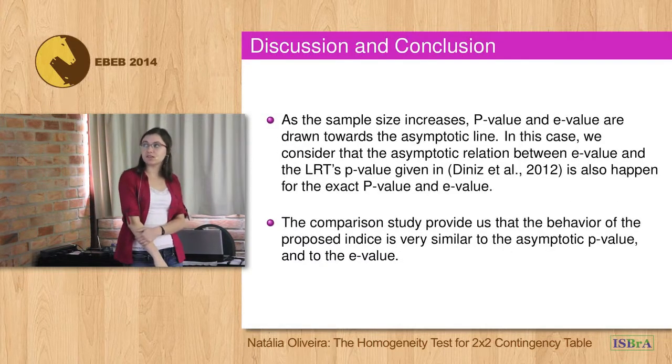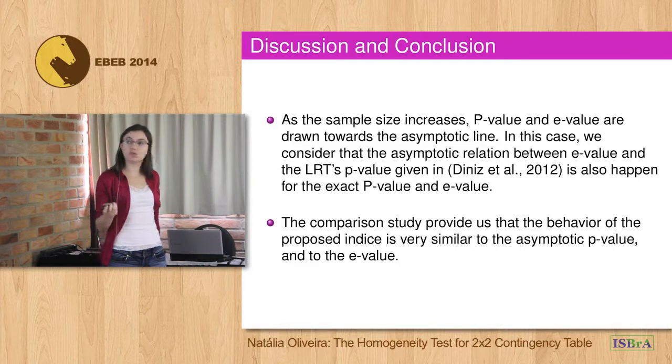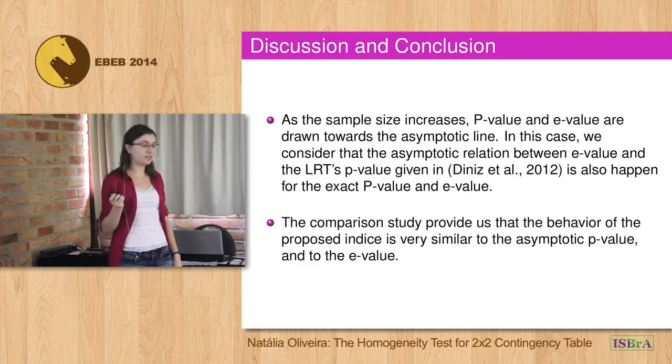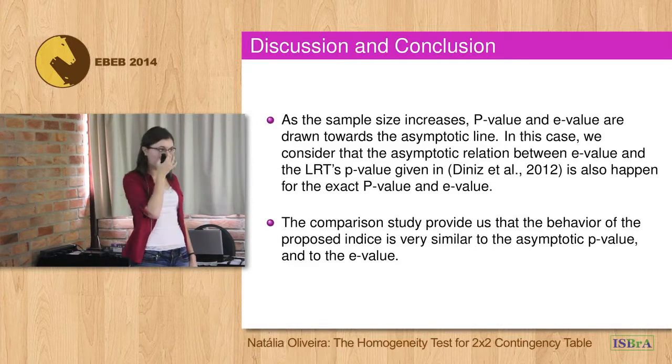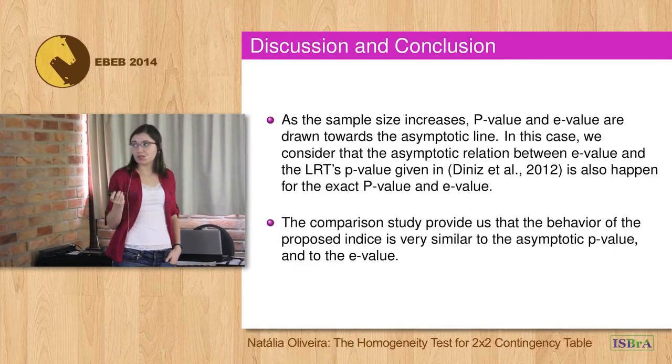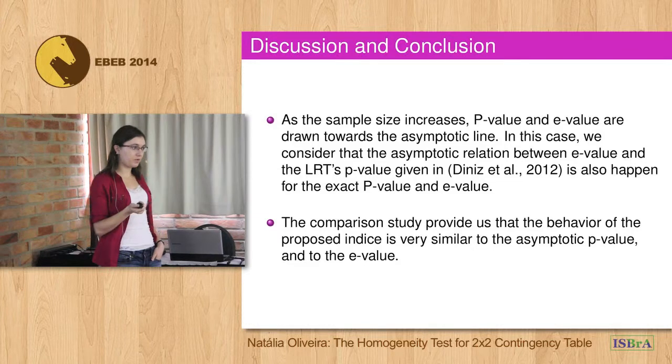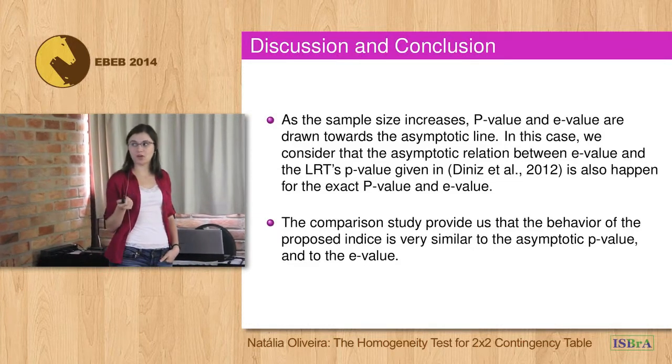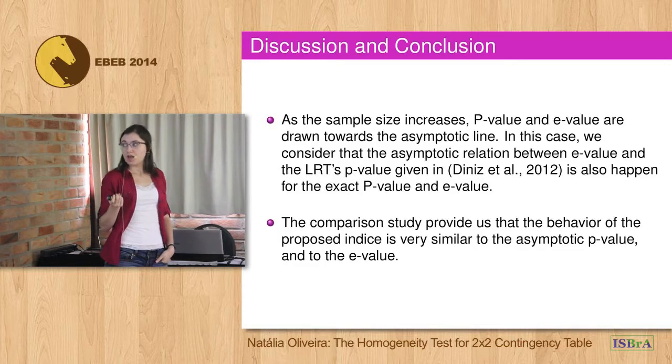And as the sample size increases, the capital P-value and the exact e-value draw towards the asymptotic line. So we consider that the asymptotic relationship between the e-value and the likelihood ratio test p-value also happened for the exact capital P-value and e-value.